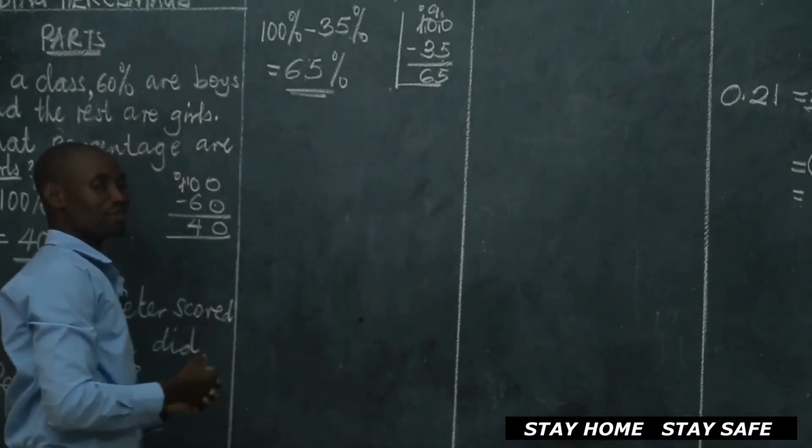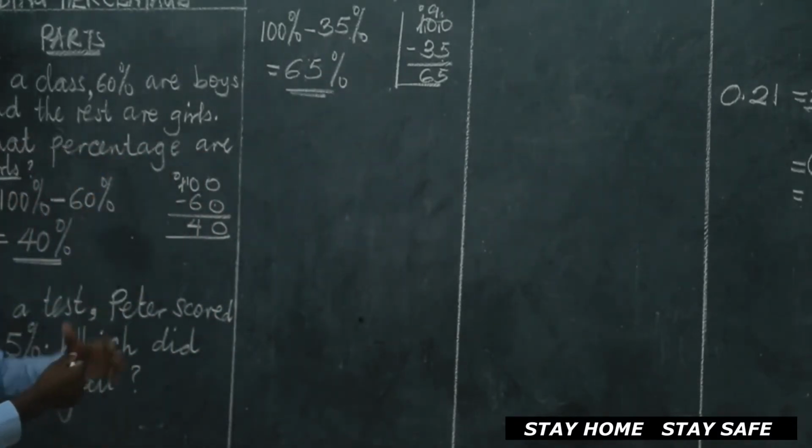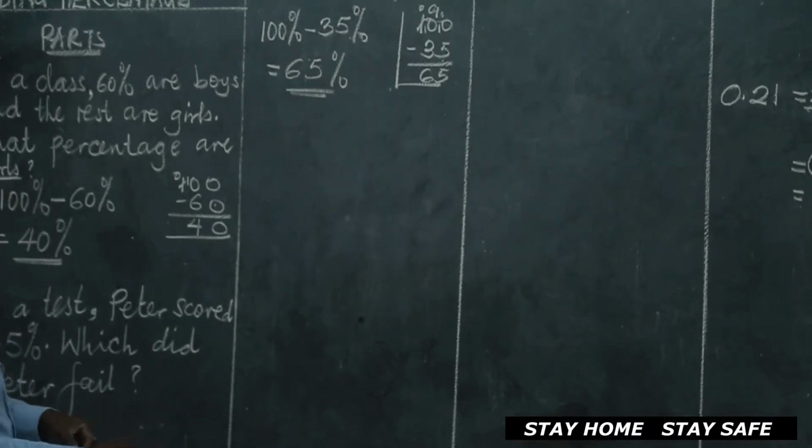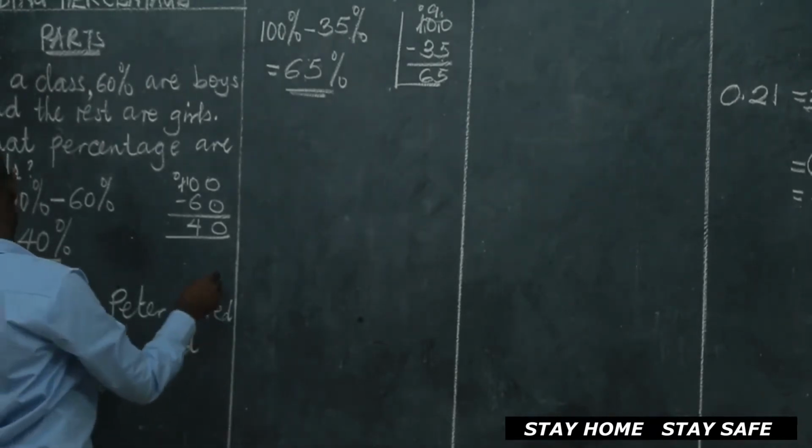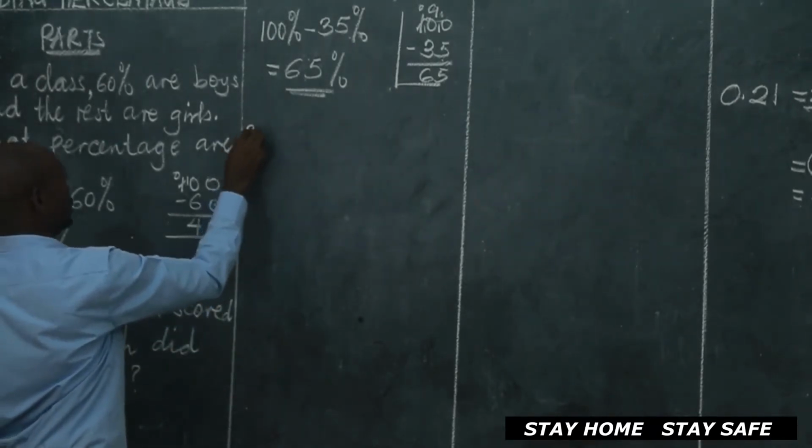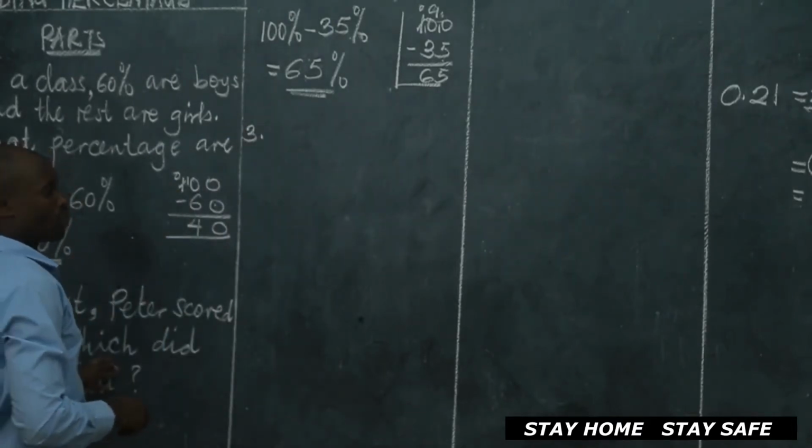I think having taught you this, every time your teachers award you, you will be able to calculate the percentage which you have failed. Let's look at one more example, whereby we have 3.